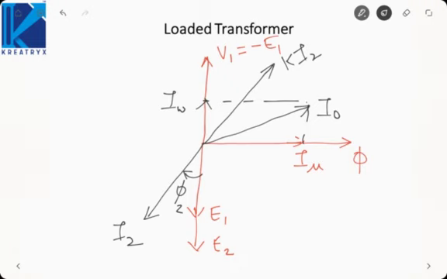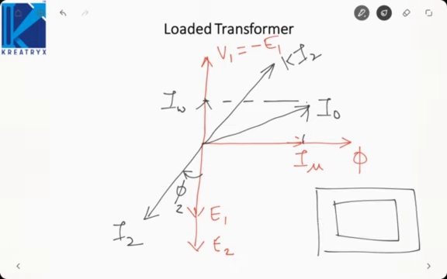Okay, what I am telling is, suppose this is my transformer. Okay, so current here will be entering, current here will be leaving. The flux due to this, if you use the right hand thumb rule, will be clockwise.